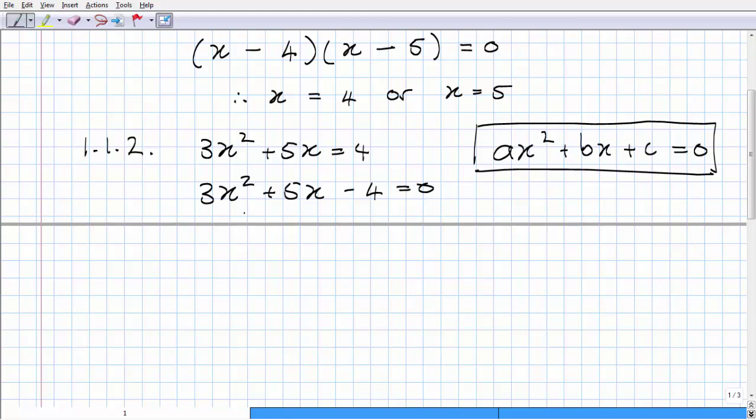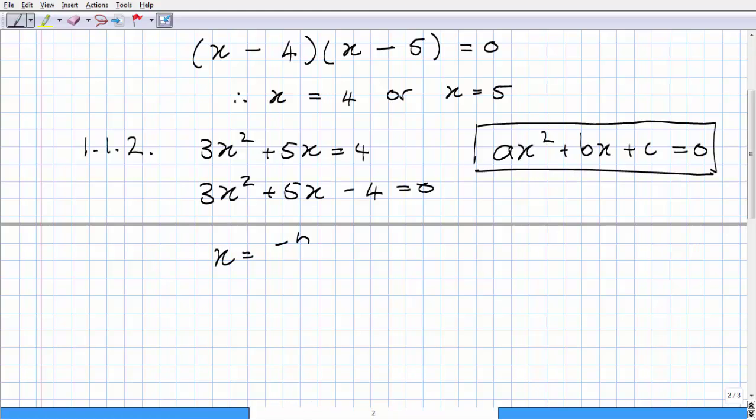Now we've got our ax squared plus bx plus c, and we simply plug it into the quadratic formula from above: x equals negative b plus minus the square root of b squared minus 4ac, divided by 2a.